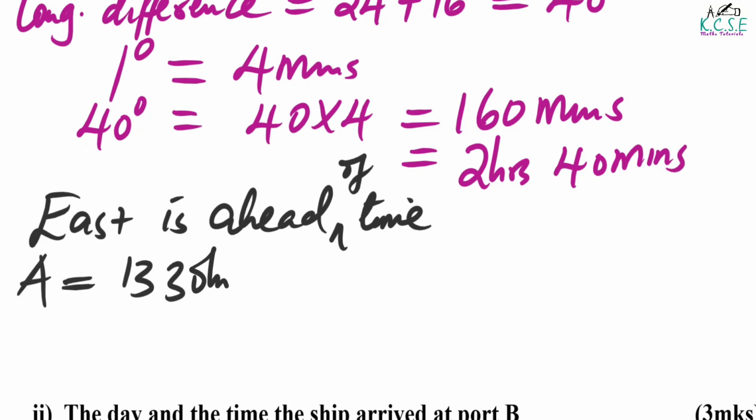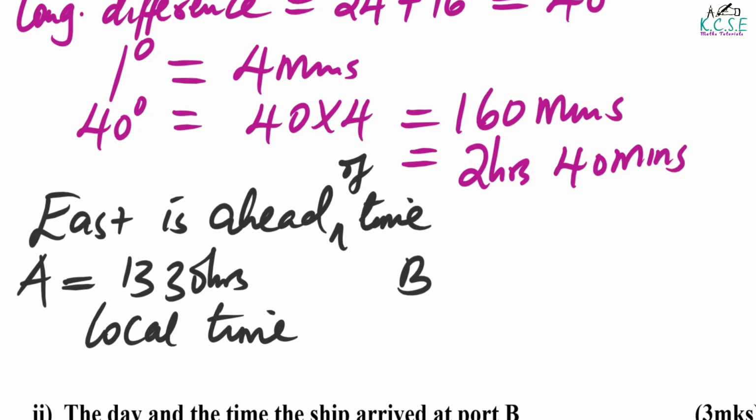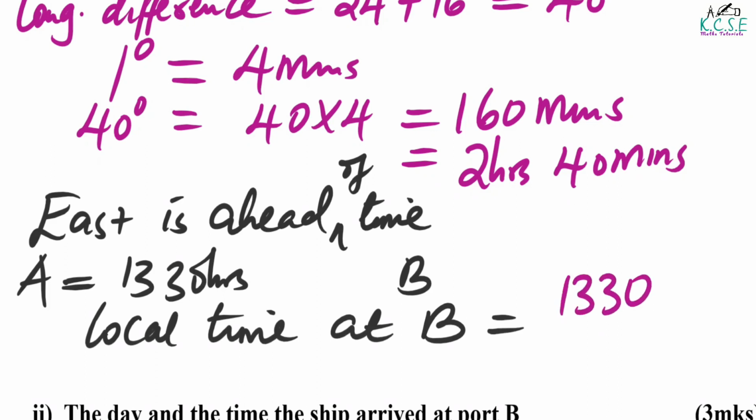So if this ship left port A at 13:30 hours, what was the local time at B? When it is 13:30 hours at A, what was the time at B? Since B is to the east, it will be ahead of time. And all you're going to do to get the local time at B is take 13:30 and add this difference, 2 hours and 40 minutes.